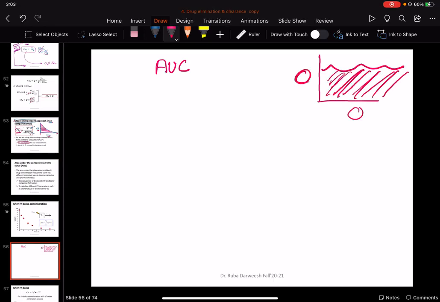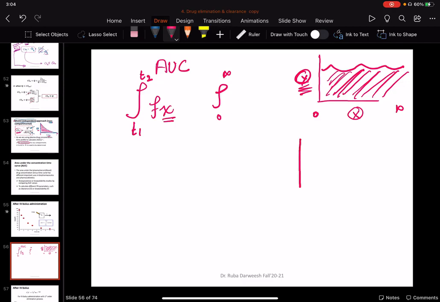Whatever you are drawing, y versus x. This is done by integration of the function that you have. If the function is y, you need to integrate from a certain time to another time, let's say time 1 to time 2. If you want the total, it will be the integration from 0 to infinity.